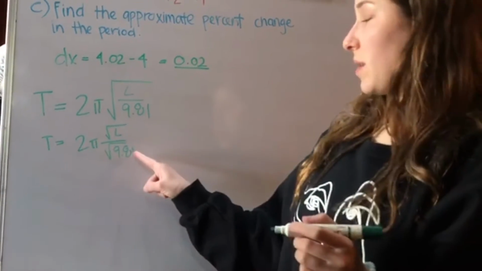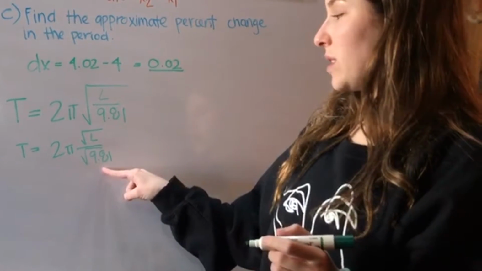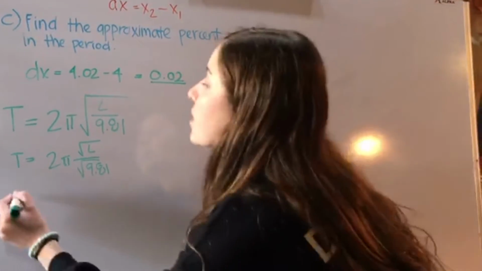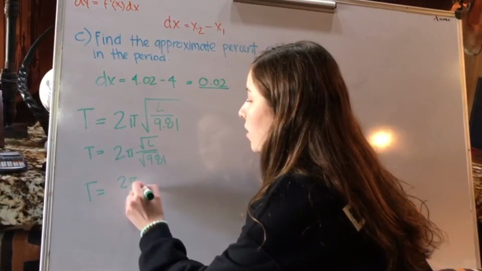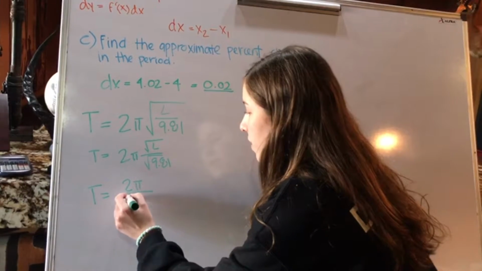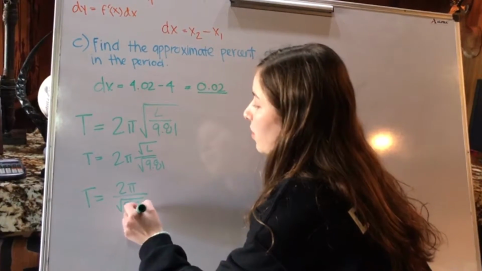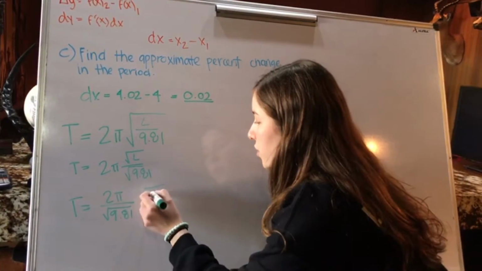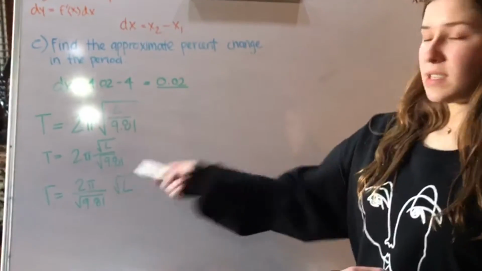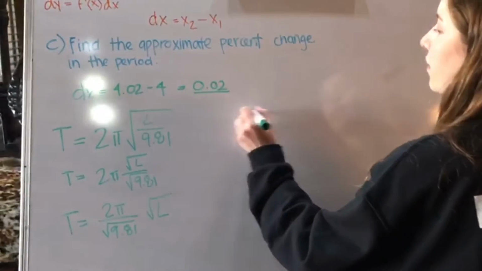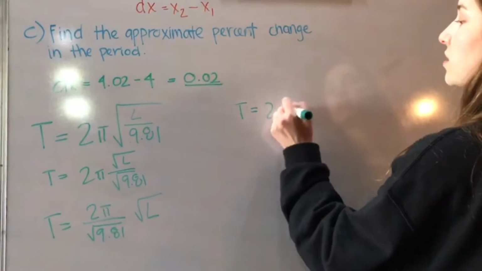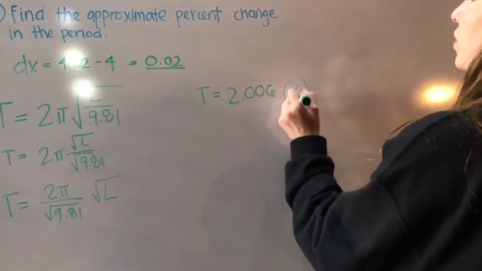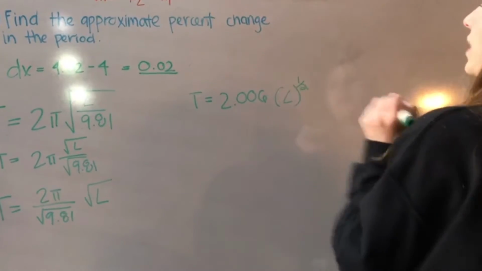Now we move the square root of 9.81 to be divided by 2 pi. It will be 2 pi over the square root of 9.81, times the square root of L. If you divide this in the calculator, you will have 2.006, and you can write L with the exponent 1/2.